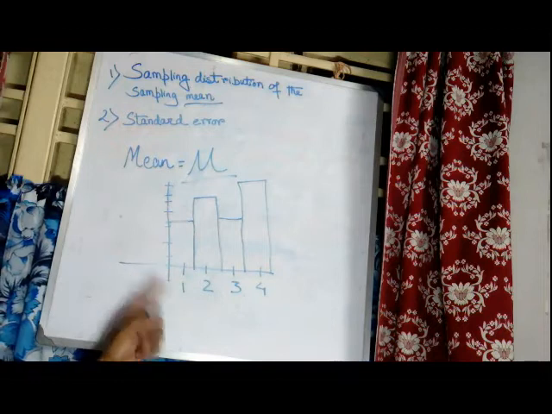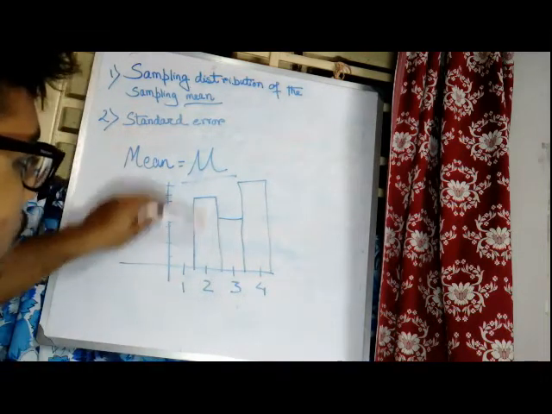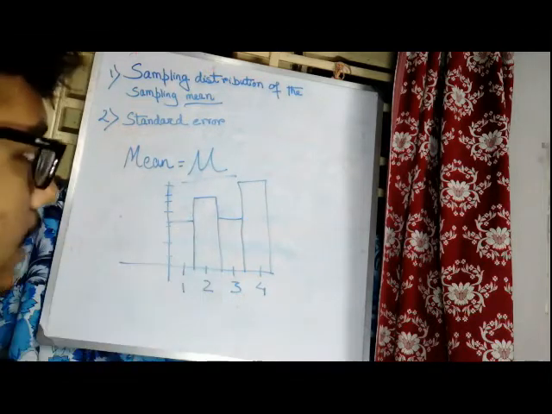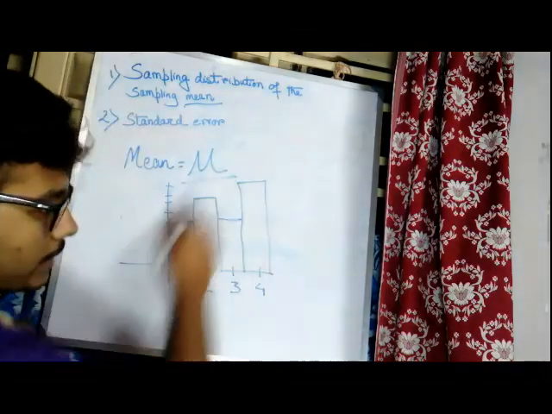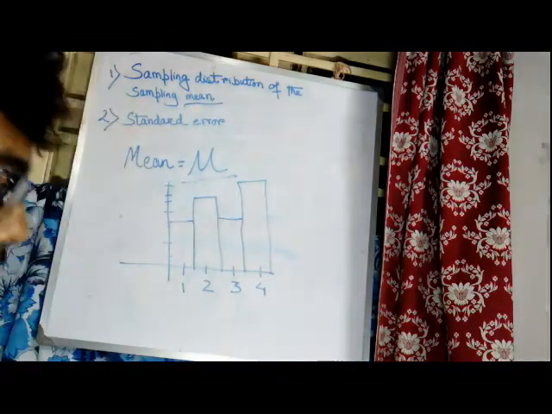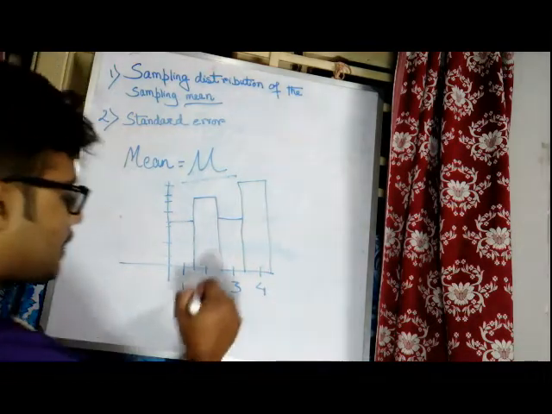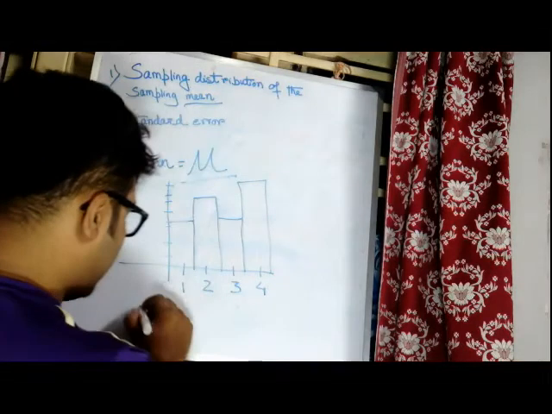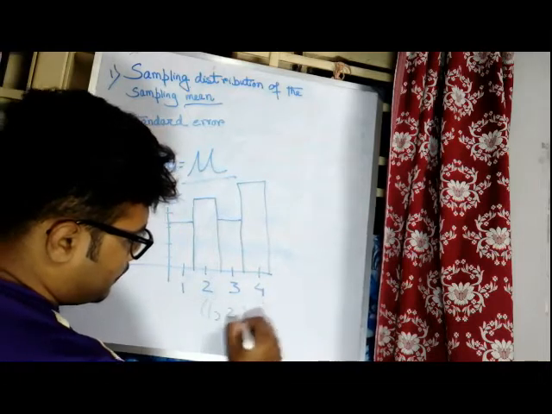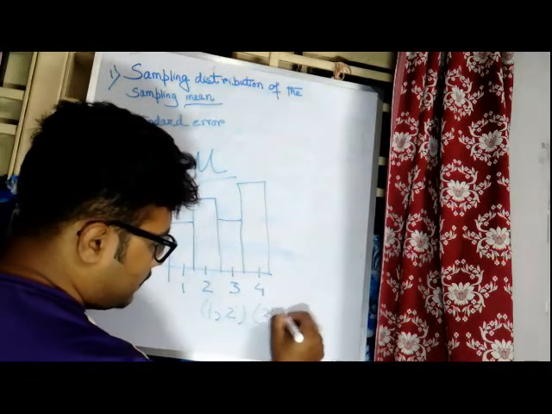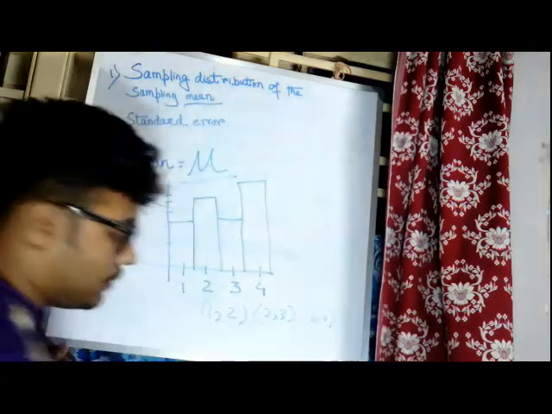Now suppose this represents a graph. Here the frequency of 1 is up to this, 2 is up to this, and it will go on like this. Suppose we imagine that mu is the mean of the whole thing. Now to sample this, we will take samples of 2, like for example 1 and 2, 2 and 3, 3 and 4, and so on.